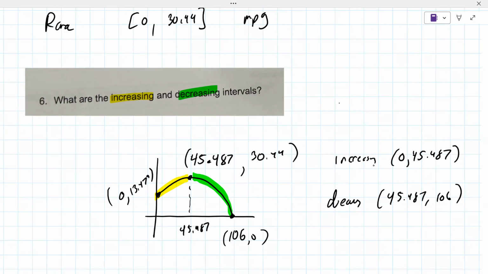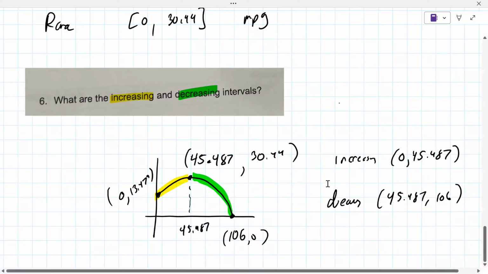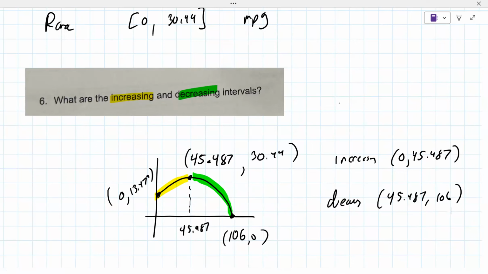All right, I think that's everything for this problem. Any questions on how to use the calculator or anything we did there? No, I think I'm getting it more. All right, let me just write the increase and decrease.